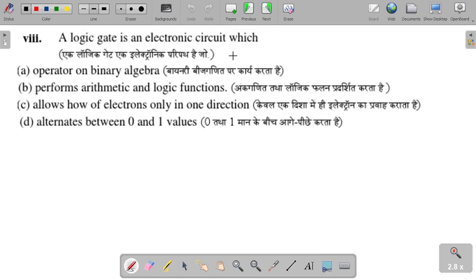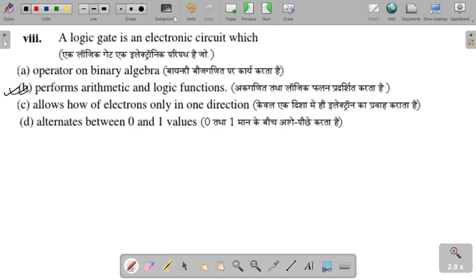According to this concept, it operates on binary algebra. Perform arithmetic and logic function, yes, it should be the right answer. Next option is allow half electrons in one direction, no. Alternates between 0 and 1 value, no. So the correct answer for this question will be option B, which performs arithmetic and logic function, because a logic gate is an electronic circuit which performs logical decisions.